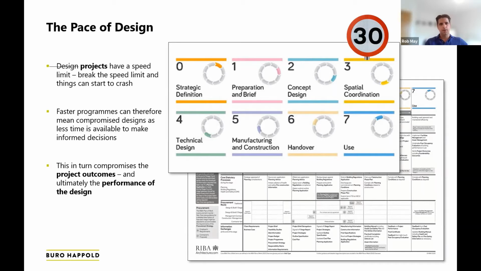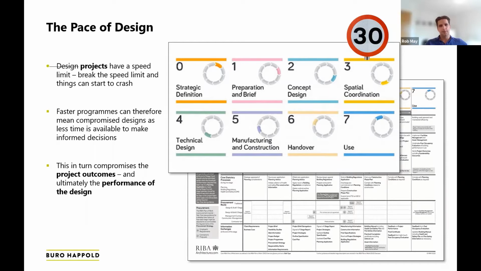The pace of design is just ever increasing. We get smaller and smaller amounts of time for it for various reasons. The RIBA stages often can get a little bit blurred in that respect, especially when we're going for fast track programs, and that in turn then compromises project outcomes and ultimately the performance of the design.